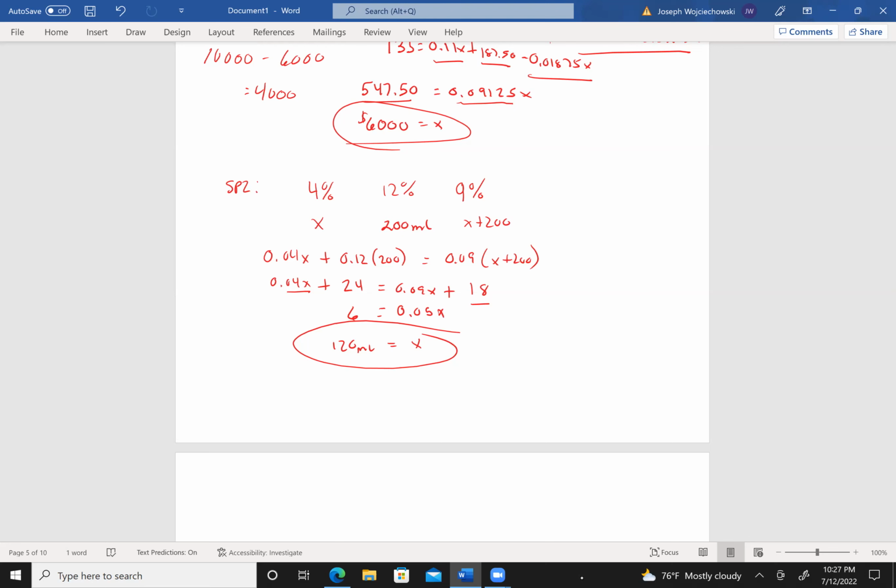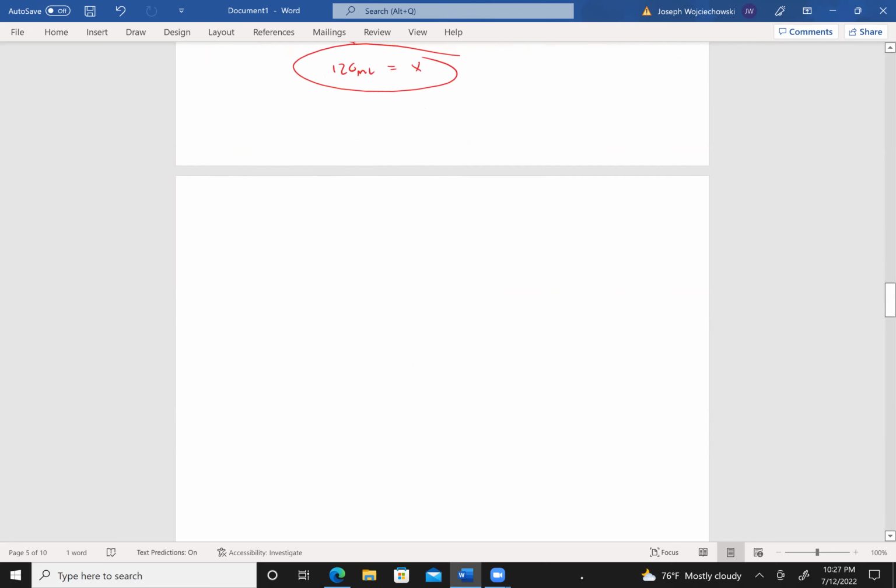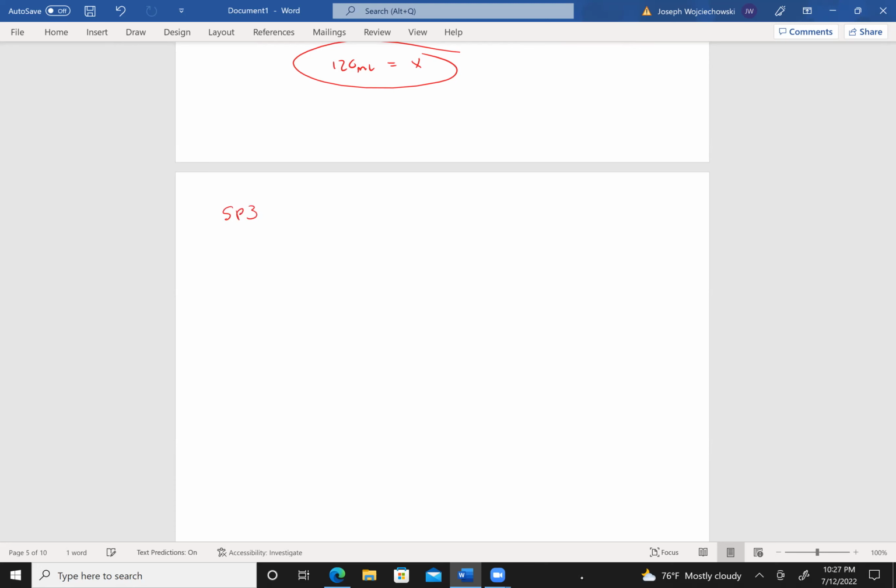Okay, now we'll talk about uniform motion. So we have skill practice 3. Renee drove from Miami to Orlando, a total distance of 240 miles.